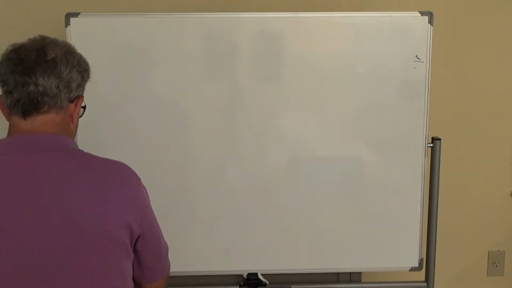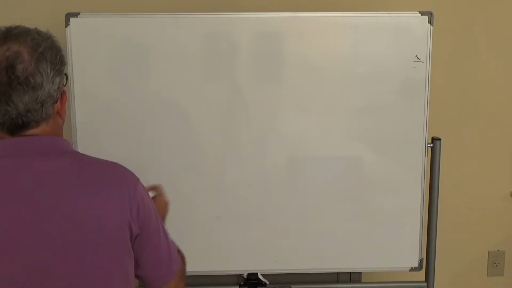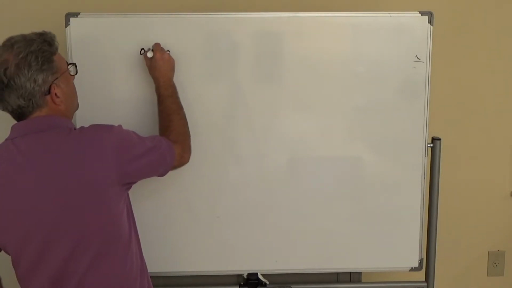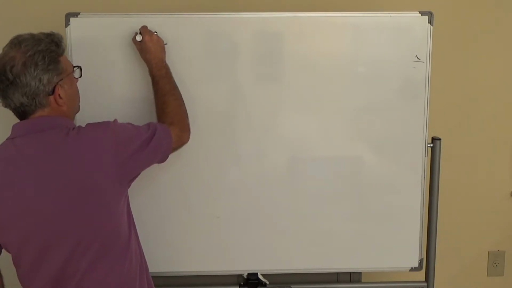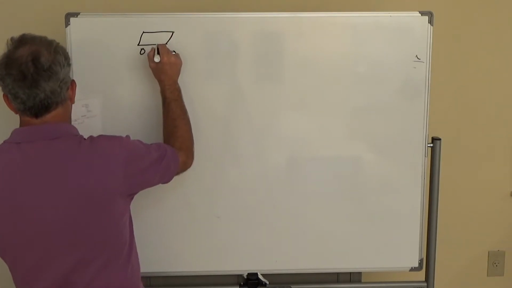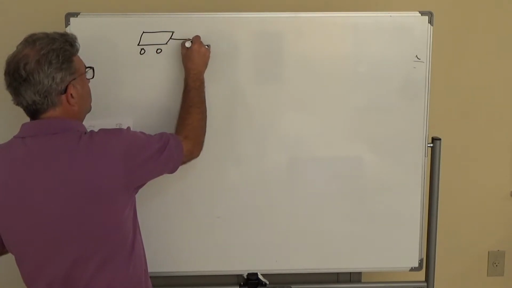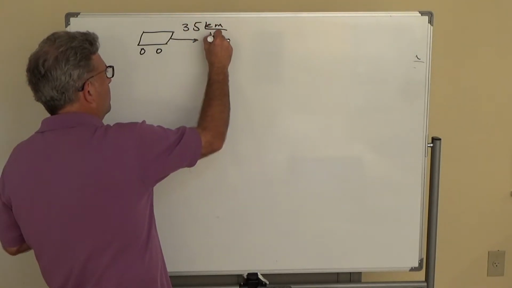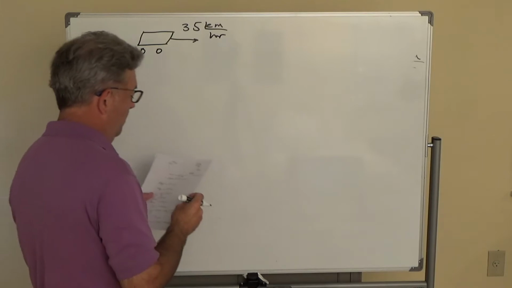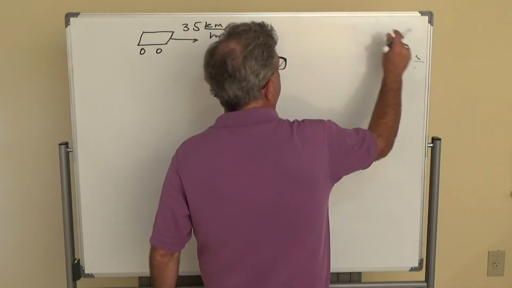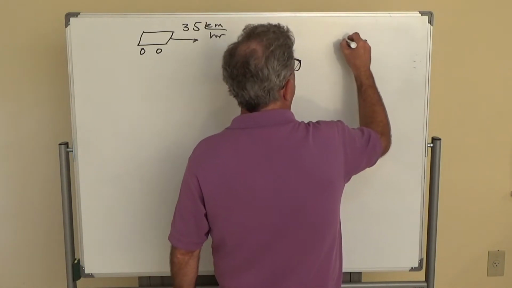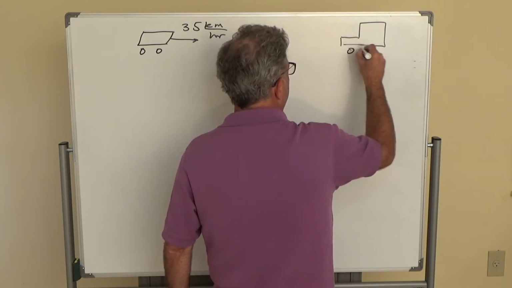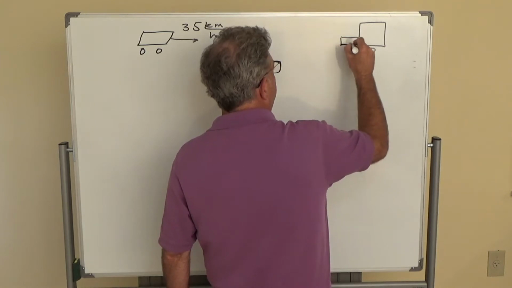Here's a cute little problem. Once again, here's a car. Let's say it's traveling at 35 kilometers per hour. This is a car. Here's a truck. Looks like Frankenstein's shoe.